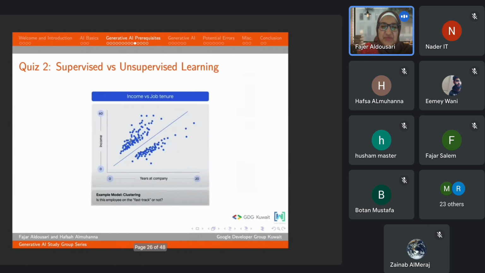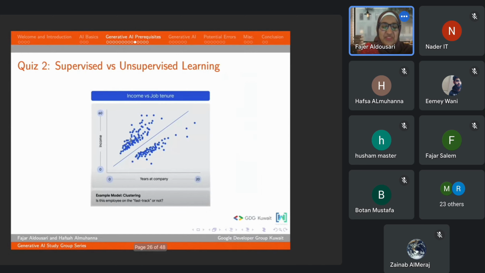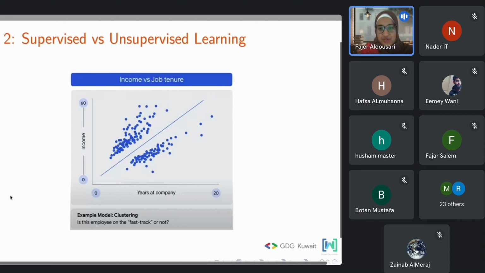Okay, so another quiz. I'll give you a few seconds to take a look at the graph. Do you think it's supervised or unsupervised learning?